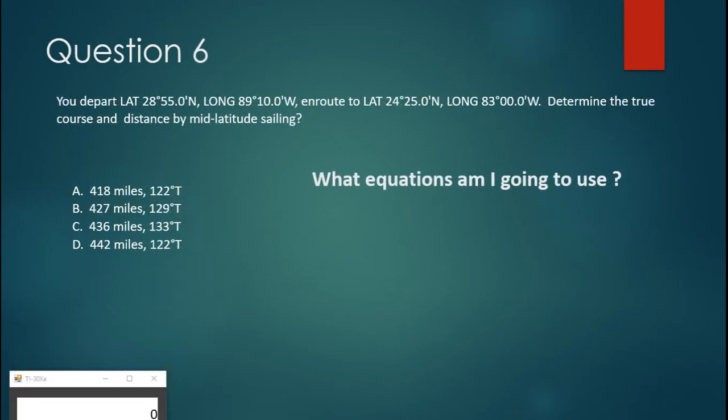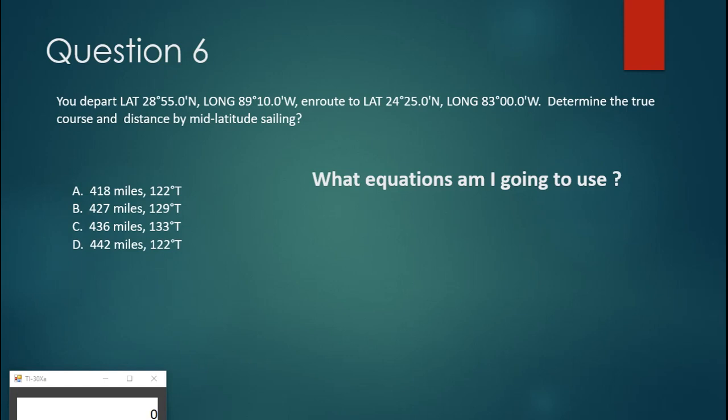Okay, so the second type of problem you'll see with the mid-latitude sailings looks like question 6 on your worksheet. You're given L1, lambda 1, L2, and lambda 2, and the question asks you to determine the true course and distance by mid-latitude sailing.